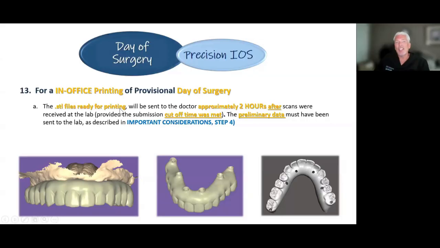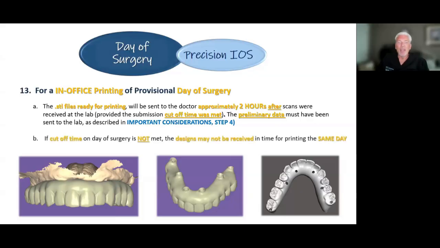Once the lab gets the file from your scanning, depending on the lab, it could be not much less than an hour, but 90 minutes to 2 hours is kind of a comfort zone because things happen. But they'll get you the scan in 2 hours. And then, okay, you've got that scan. Now, how long does it take you and your printer, et cetera, to do that? Just keep in mind the cutoff time.